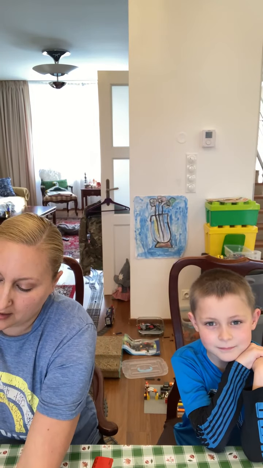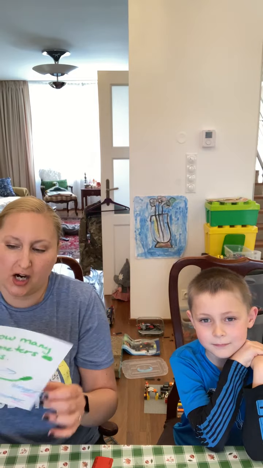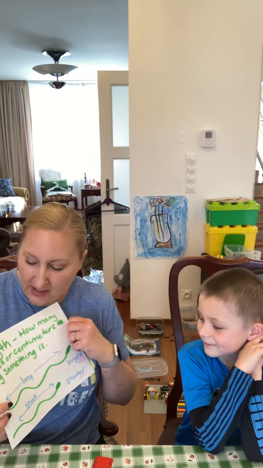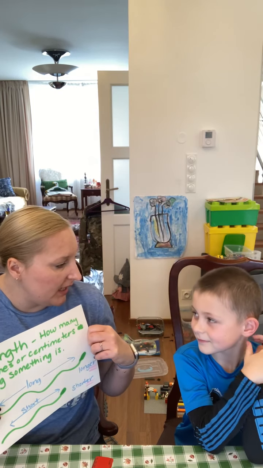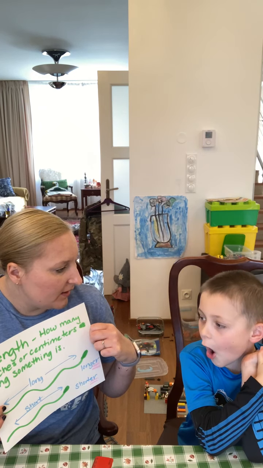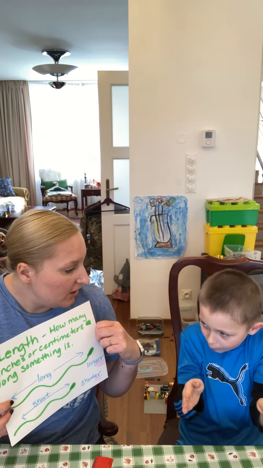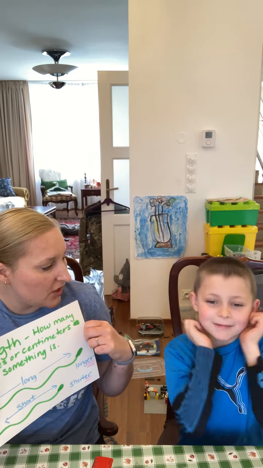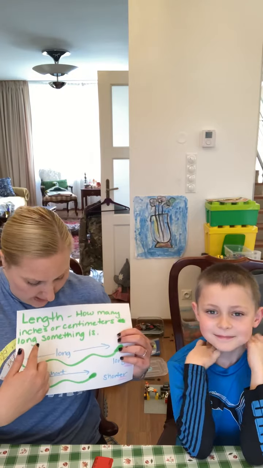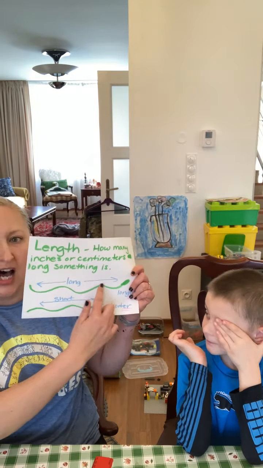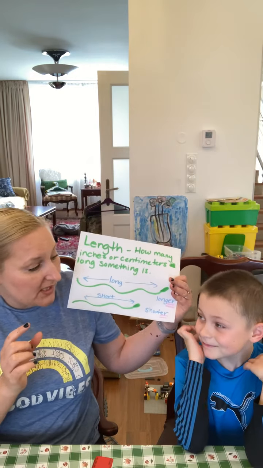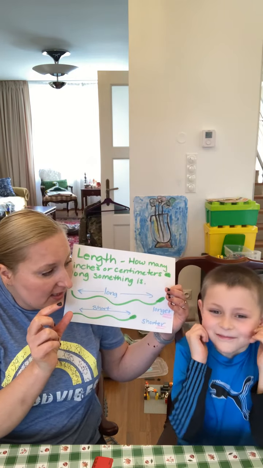So, let's see. I have my little charts out here. So today, the measurement we're going to be working with is length. Does anybody know what length is? Length means how long or how small. Yeah, good, James. So James said when we're measuring length, we're measuring how long something is. And look, I have this long snake. He's long. Or James said how small something is.